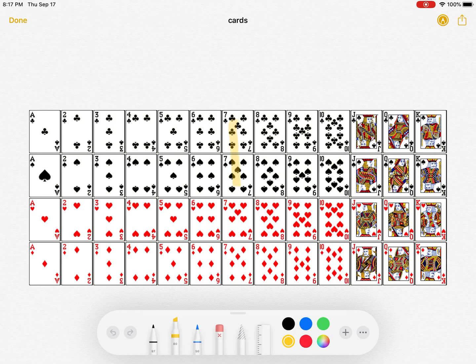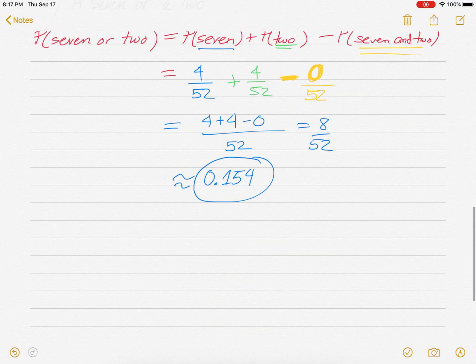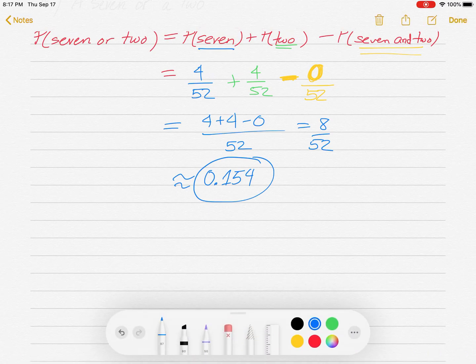I want the 7s along with the 2s, and we're going to combine them in the one set. So you got 4 there and 4 there, so that's a total of 8, right? A total of 8 cards out of 52. So exactly what we had, right? We had exactly 8 out of 52. And then we found the fraction, the decimal.